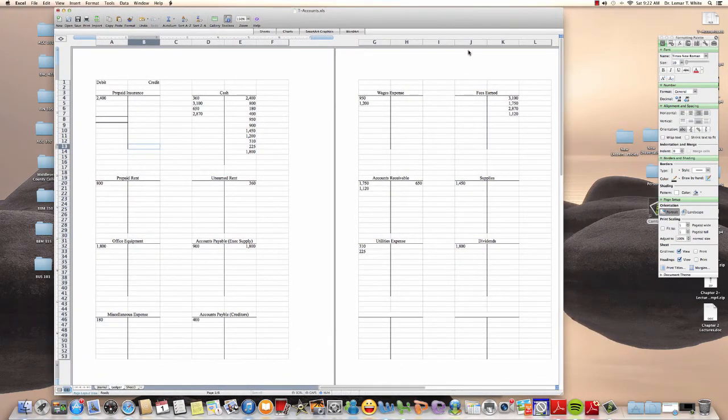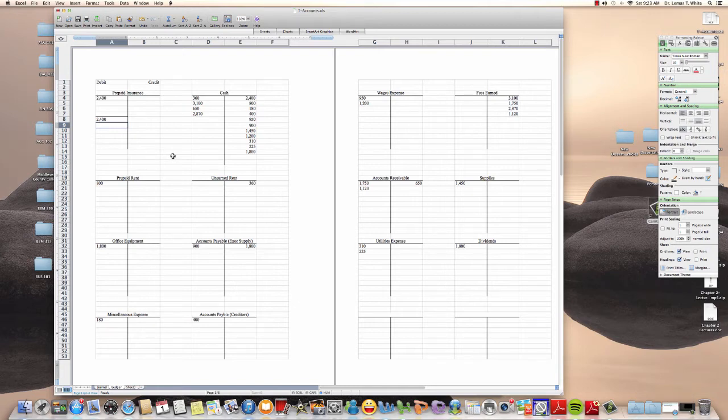So here's my ledger. What I'm going to do is add up everything on the right, subtract it from the left. So here for my prepaid insurance, I only have one number on the left side, and that automatically becomes my balance. And we know that prepaid insurance is an asset.